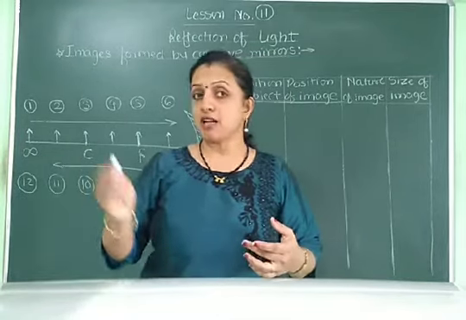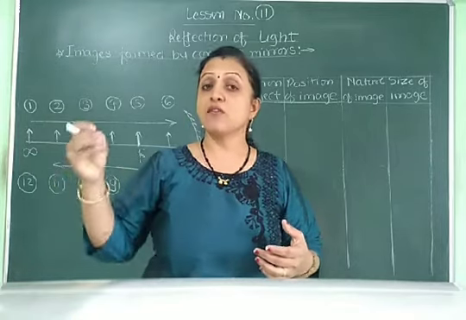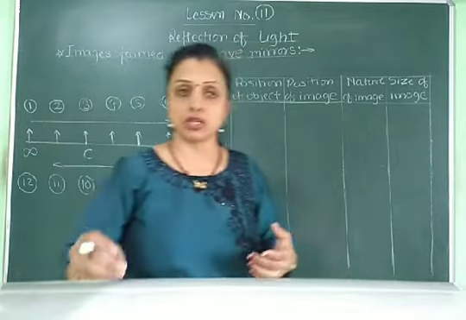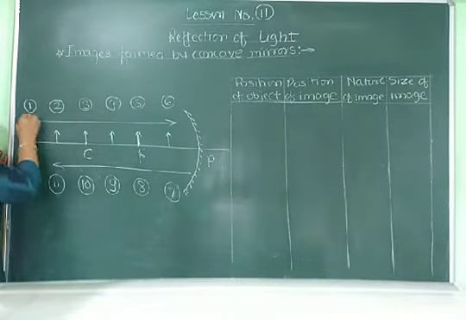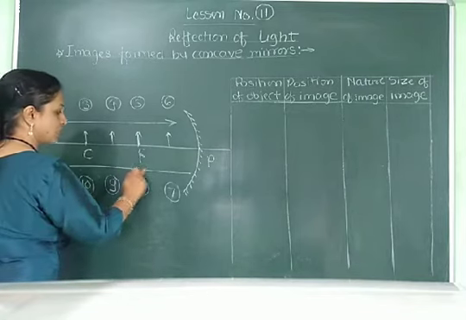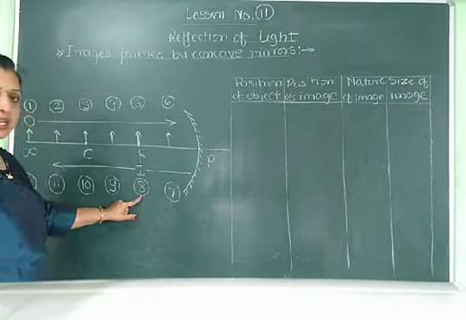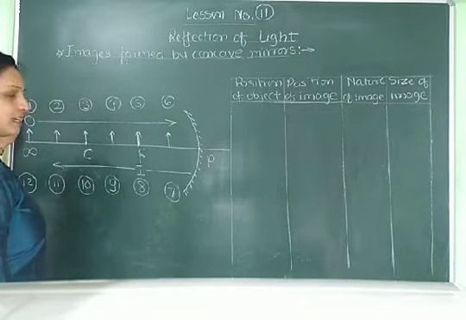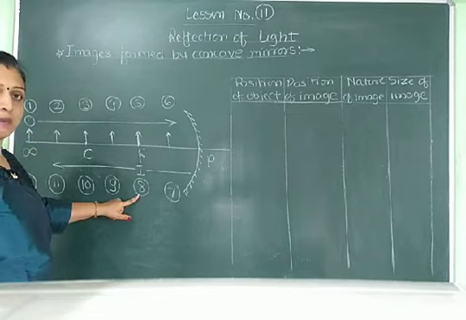If the rays are parallel to principal axis, they all converge at a focus, means they form the image at the focus. It means if we place the object at position number 1, then we get its image at position number 8. So if the object is at position number 1, then its image is at position number 8.